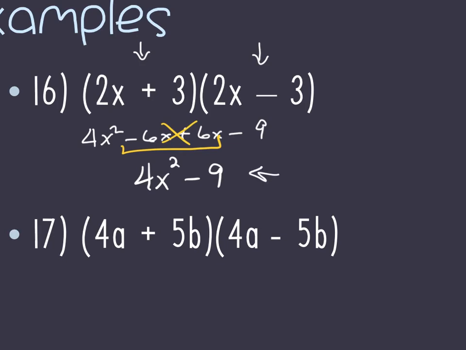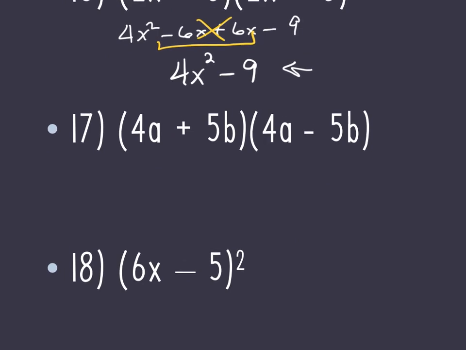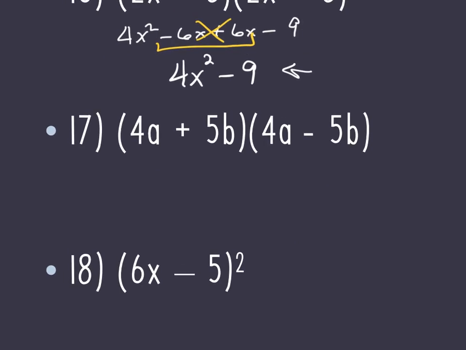Again, this is that special product, and it's the difference of two squares. The next one is the same thing. Notice that they both have a 4a, they both have a 5b, but one has an addition and one's a subtraction. So again, if you realize this, just do first and last to get your answer. But I'm going to go ahead and do the whole FOIL just to show you that outer and inner cancel.